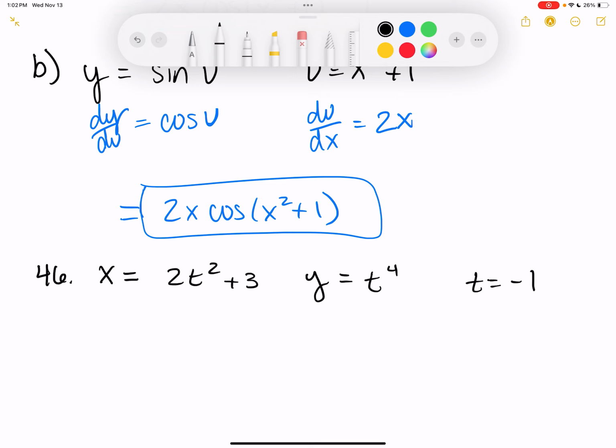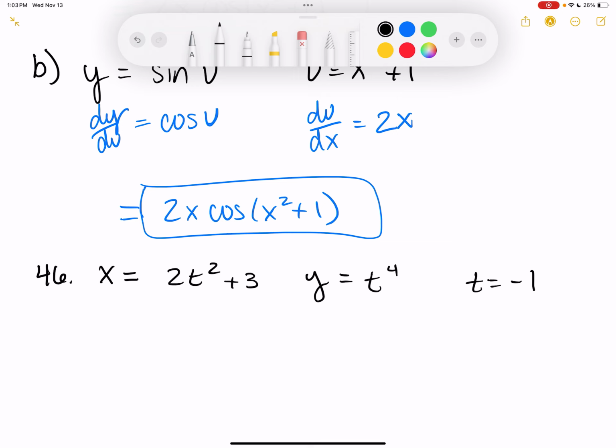All right, so when we found like the equation of the tangents before, what did we have to do? Yep, we took the derivative.